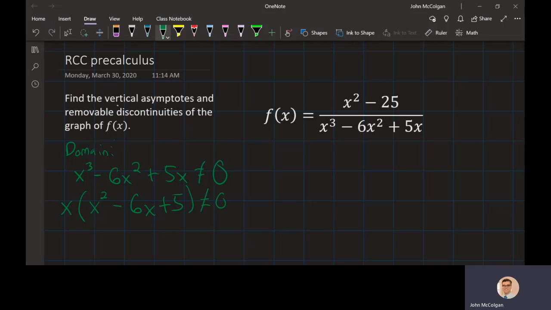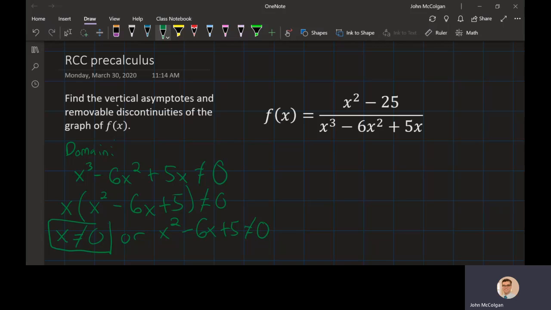And this is a good thing here because we have multiplication and it can't be equal to 0. So that means that neither of these two factors can be equal to 0. Therefore, we already know that x is not equal to 0, or x squared minus 6x plus 5 is not equal to 0.